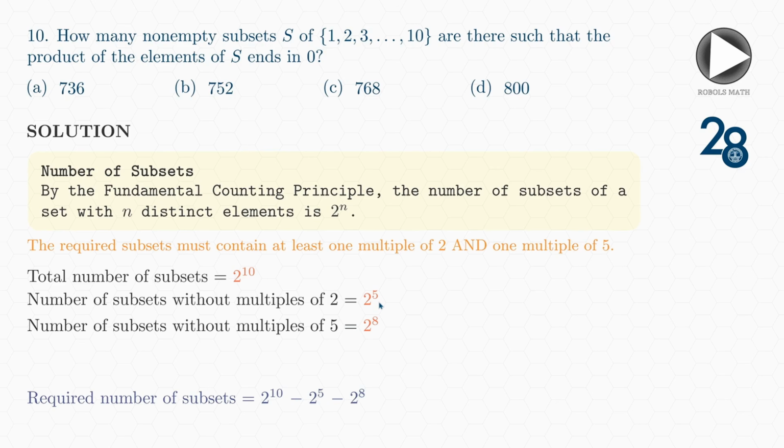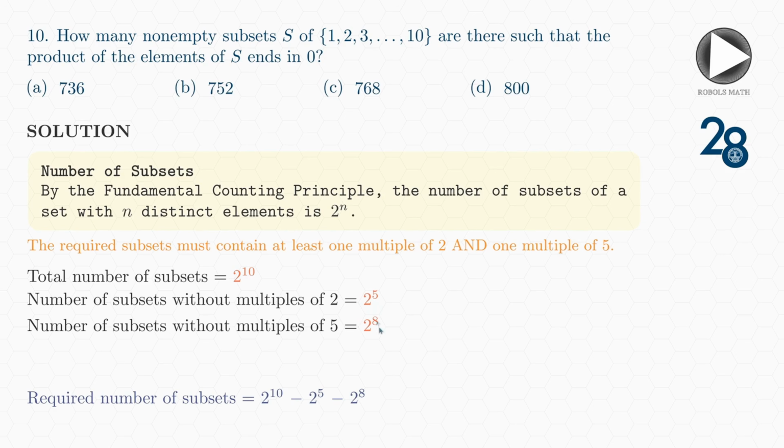Like for example, if we're talking about the subset 1, 3, it does not have a multiple of 2, it does not have a multiple of 5. So that subset was counted here in the first one and also counted in the second one. So we must add back those subsets, right?